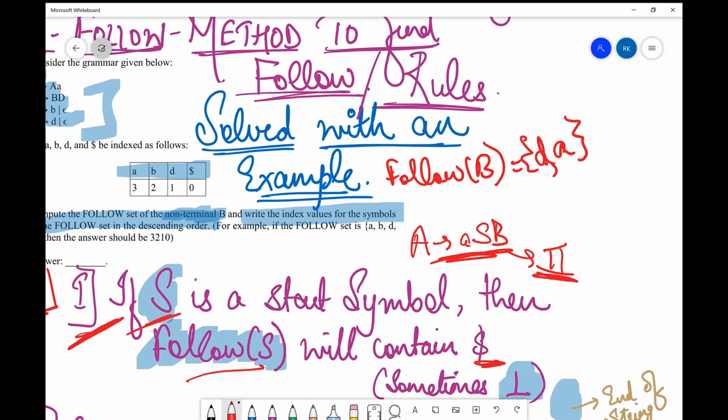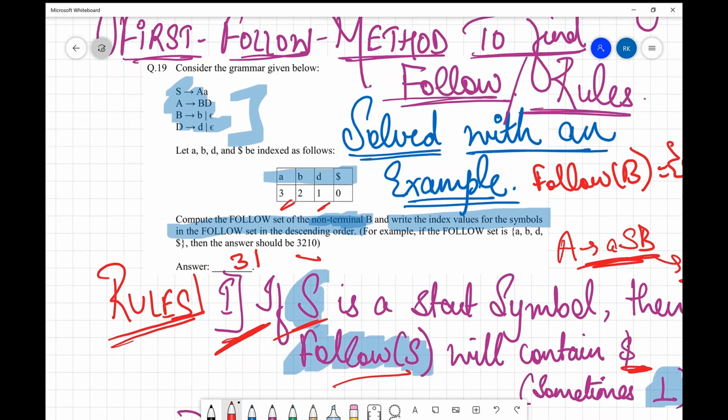Now what is the index value for D? It is 1, and for A it is 3. When I arrange them in descending order, I would get 3, 1. So it will be 3, 1 in our case. So 3-1 is the correct answer for this particular question.